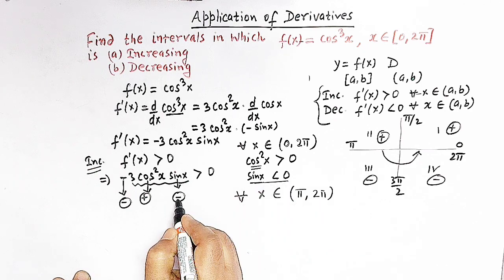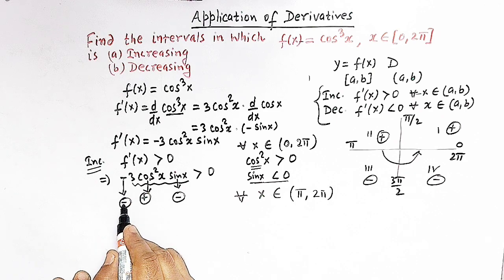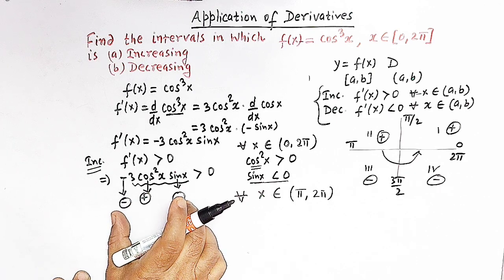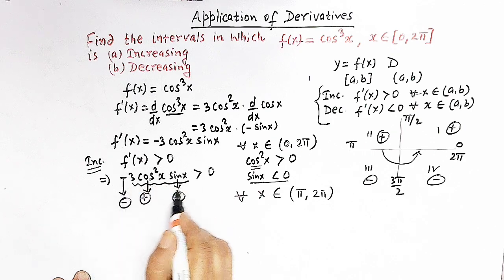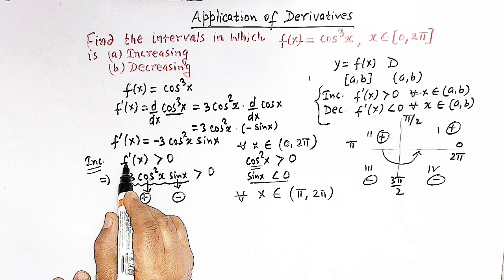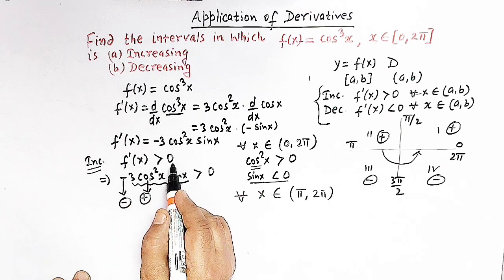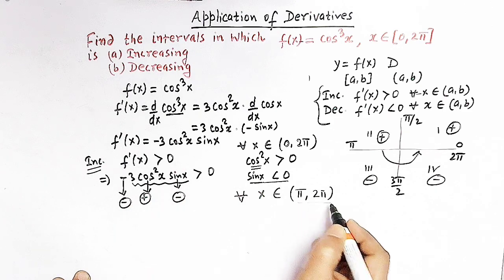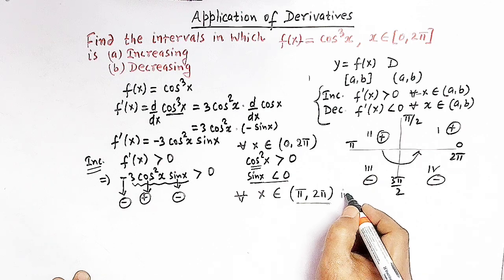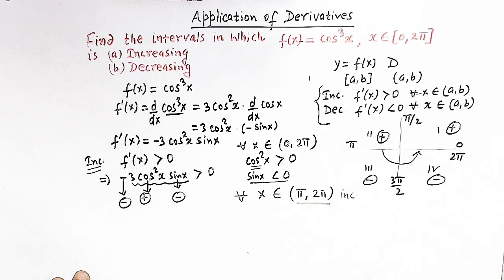So sin x is negative, and the product of this negative sign with this negative sign is positive, so that this entire term is greater than 0, that is the derivative is greater than 0. So in this interval, that is from pi to 2 pi, the function is an increasing function.